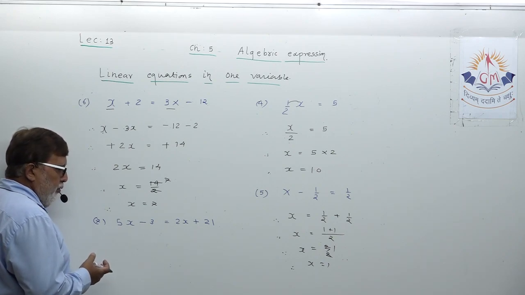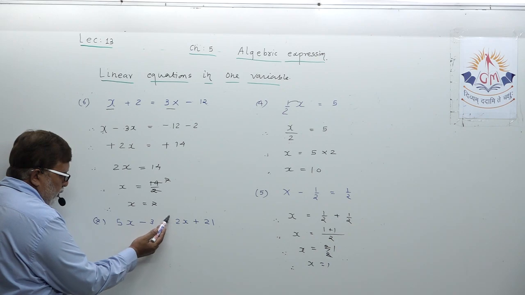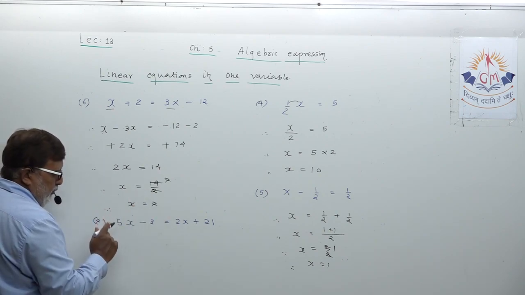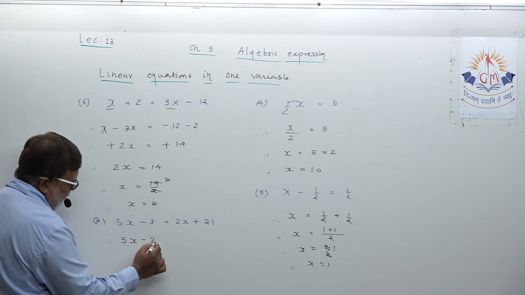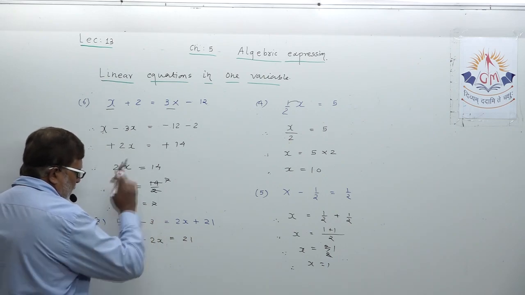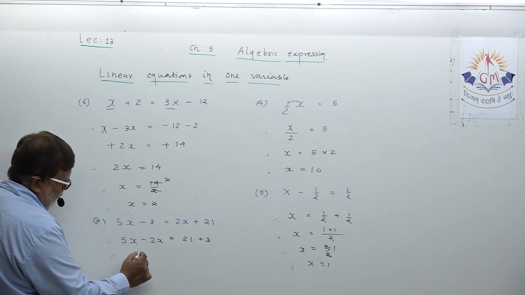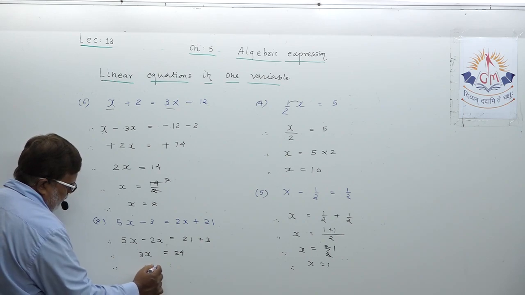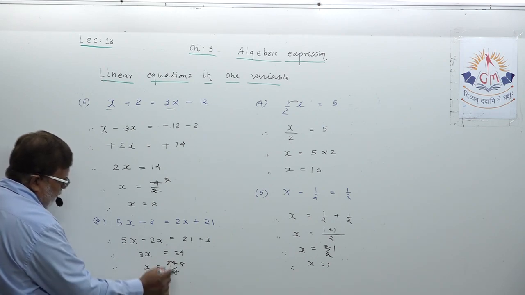They just need to verify here what I am doing. 2x to be transferred on this side with sign change, minus 3 to be transferred on the right side with sign change, so you will get 5x, transfer minus 2x with sign change, dear student, equal to 21, 3 transferred plus 3 with sign change, 5x minus 2x, that is 3x, equal to 24, x equal to 24 upon 3, that is 8. So you got x equal to 8.